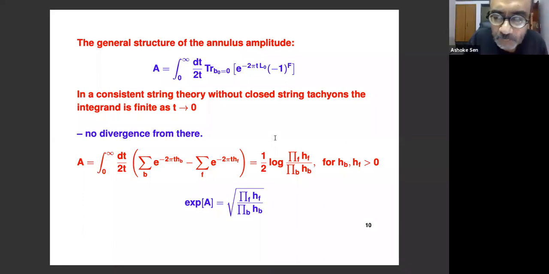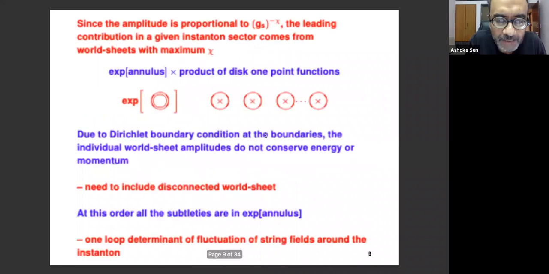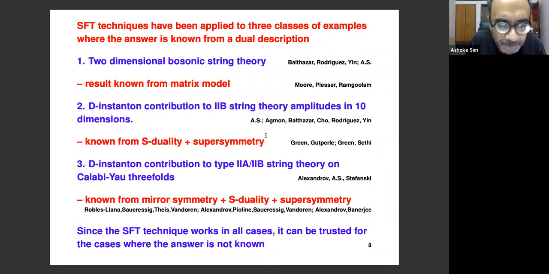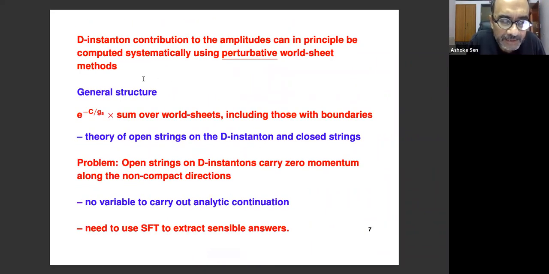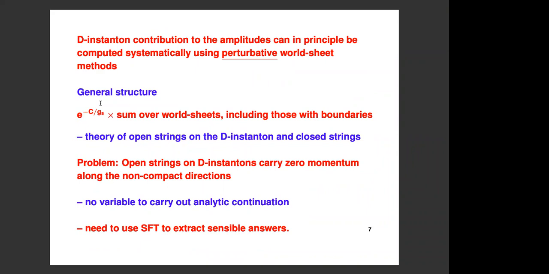So those actually are trivially encoded in this e to the minus c over g_s that I described. It's basically resumming the disk with no insertions, you get this e to the minus c over g_s. So I have not included those explicitly.